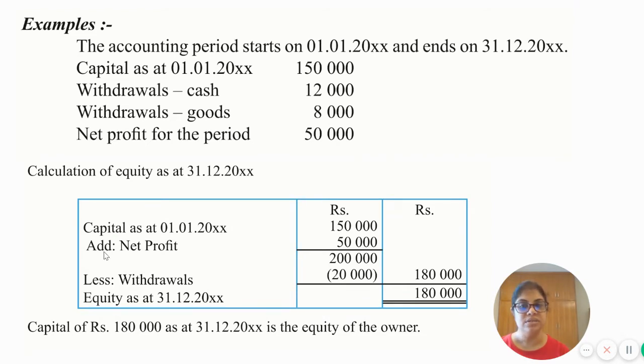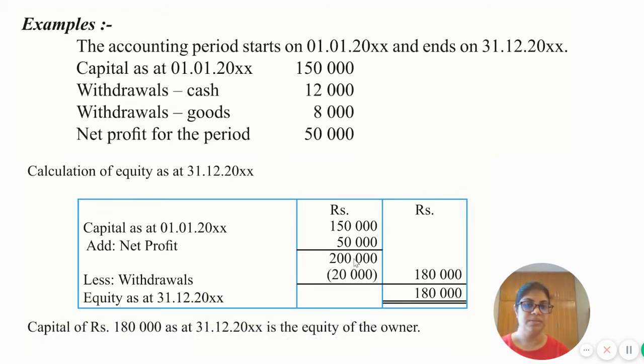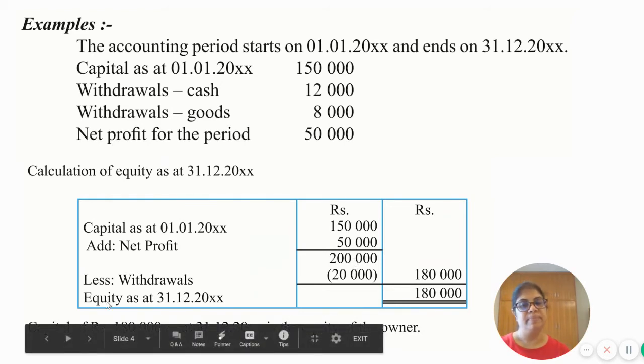Therefore, we add it to the opening capital, which is 50,000, and thereby the total equity will be 200,000. But during the period, the owners have made withdrawals or drawings of 20,000, and that should be deducted from the 200,000 rupees of equity. Then at the end of the period, equity as at 31st December 2019 will be 200,000 minus 20,000, which will give you 180,000 rupees. So this is the actual equity at the end of the period.